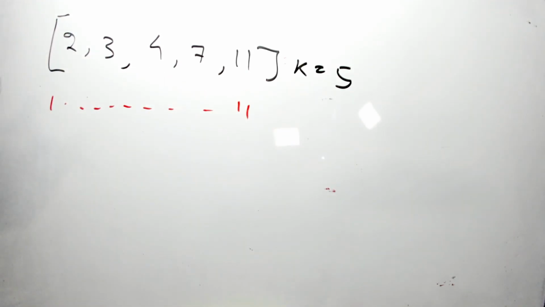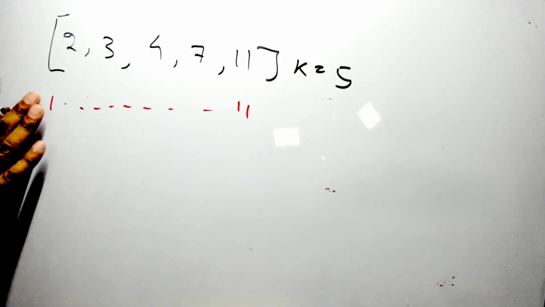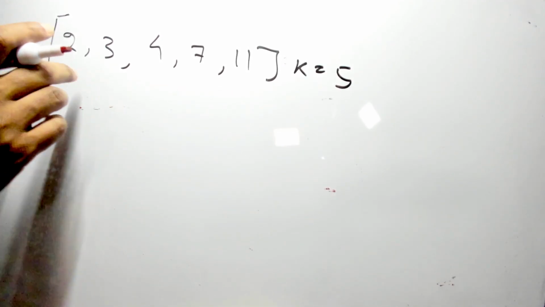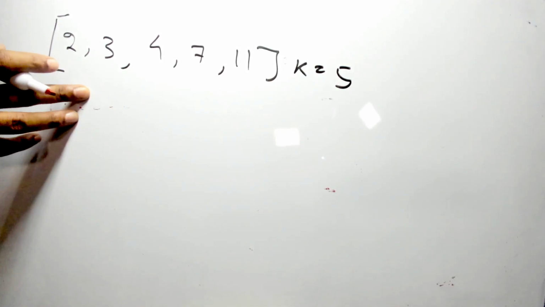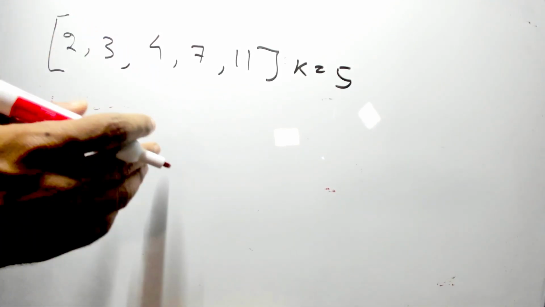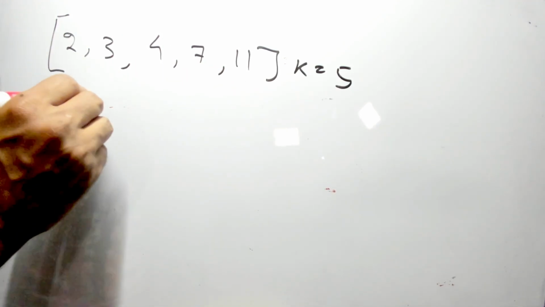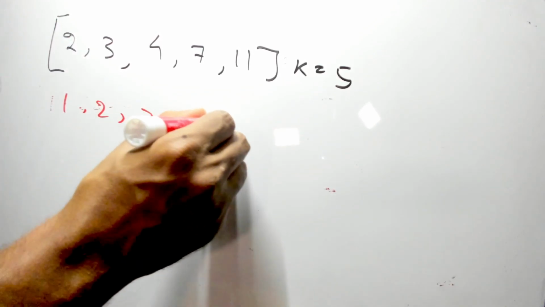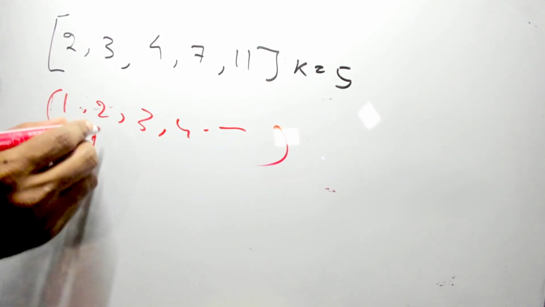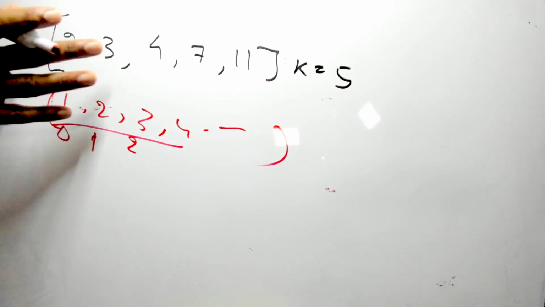That's the expectation, and anything missing is a missing number. If the given array has no missing numbers, then our index and the number should be matching. For example, 1, 2, 3, 4, and so on: the 0 index will be 1, the 1 index will be 2, the 2 index will be 3. So they are in sync with the index.